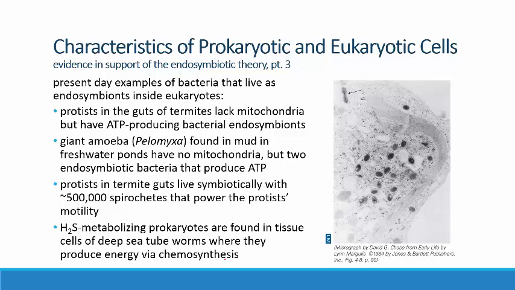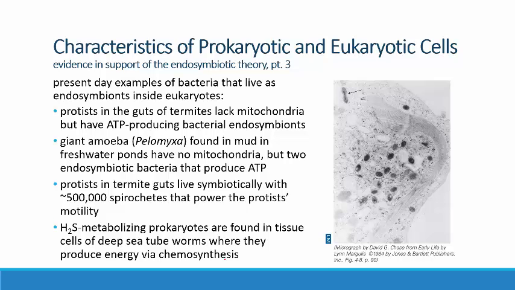Tube worms are worms that build fairly elaborate tubes, and then they can stick their heads out, or some parts out one end of the tube, and use them to filter feed. But these tube worms have an endosymbiotic prokaryote that lives in their tissues and uses the hydrogen sulfide as an energy source through a process called chemosynthesis.